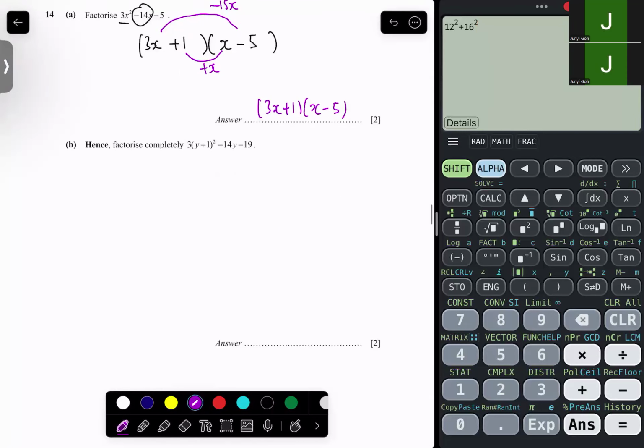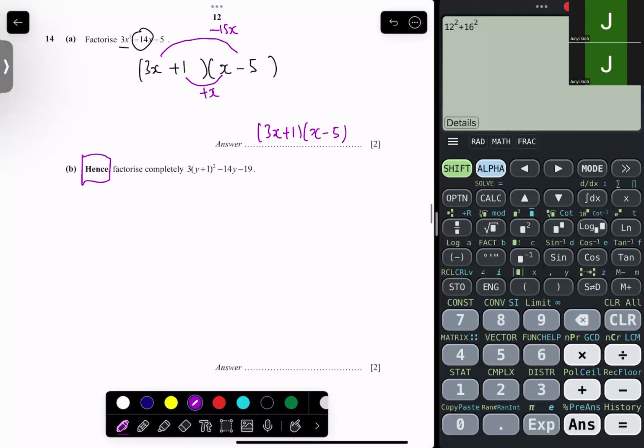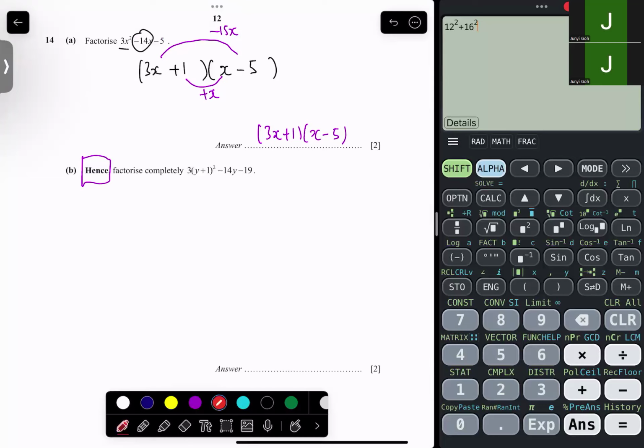Hence, factorize completely 3(y plus 1) squared minus 14y minus 19. This is tricky in the sense that you need to be able to see the link that they want you to follow with the hence.